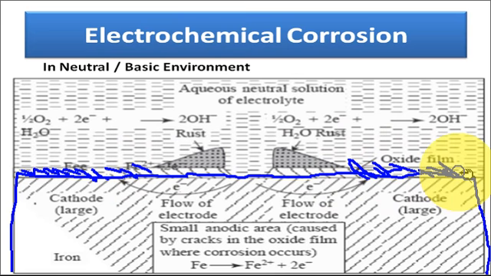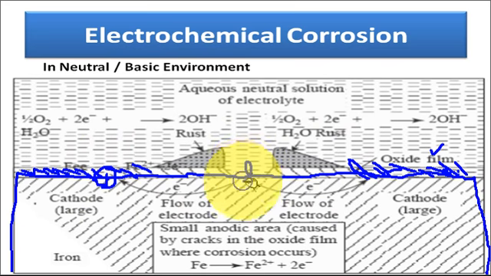But this oxide layer is the porous layer. That means some spaces are present at the metal surface which are not covered by the oxide layer, right? So due to this porosity of the oxide layer, the surface of metal becomes chemically non-uniform. One is the area which is covered by the oxide layer.